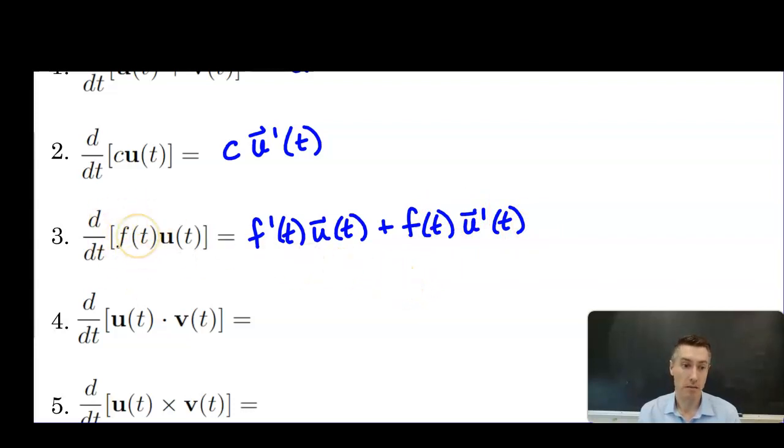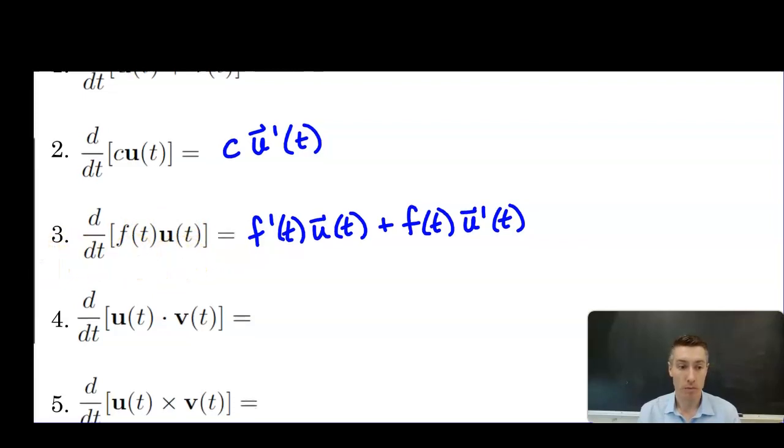Okay, so like I said, the scalar function could be t squared, or 3t, and then you have a vector function, maybe it's the vector ⟨t squared, t cubed⟩. Right, so we're taking the derivatives of both of those using the product rule.